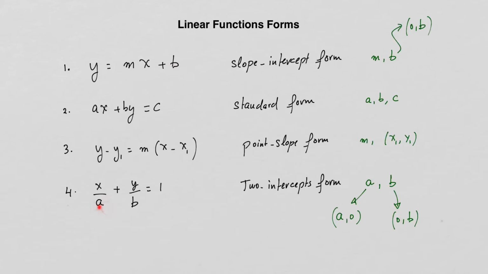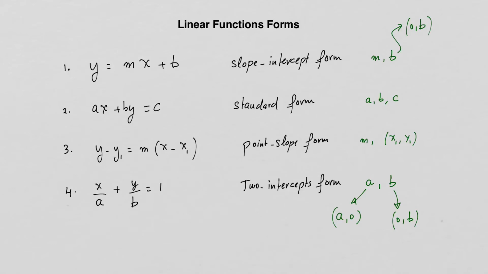But this A is the x-intercept. The x-intercept is written like this, right? And the y-intercept is written like this. So if I know my x-intercepts and I know my y-intercepts, this is probably the best way to do it. And it's awesome.